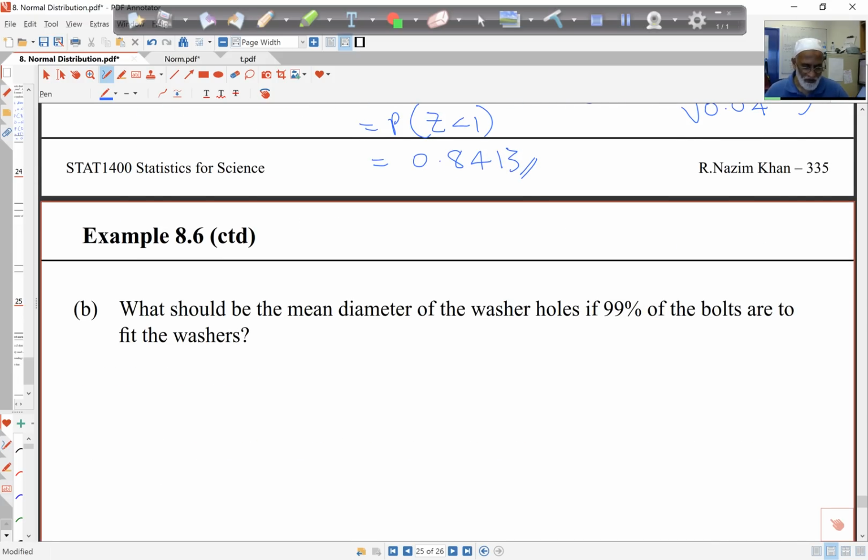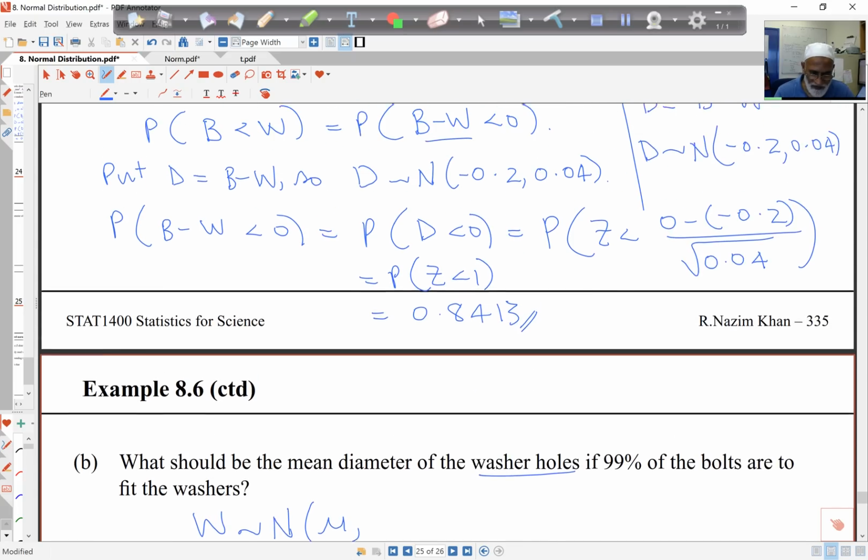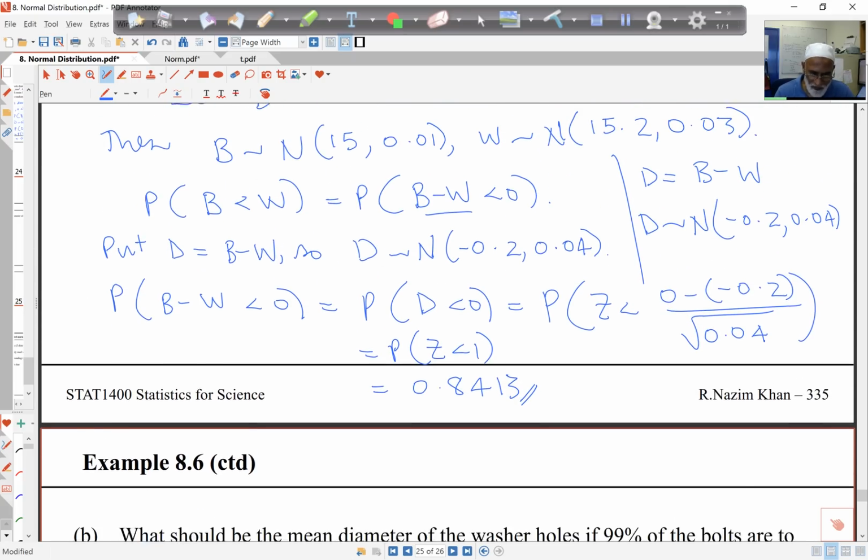Now the next part is, what should the mean diameter of the washer holes be if 99% of the bolts are to fit the washers? So now the washer is what I'm looking at. The washers now have some normal distribution with mean mu, but the variance is as before, so that's still 0.03.